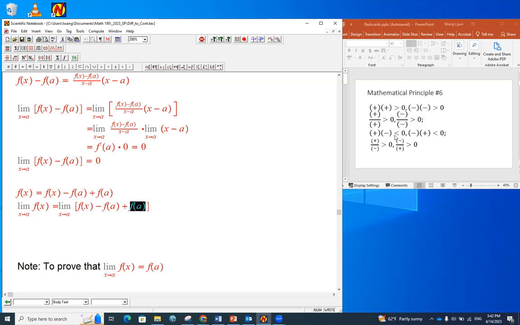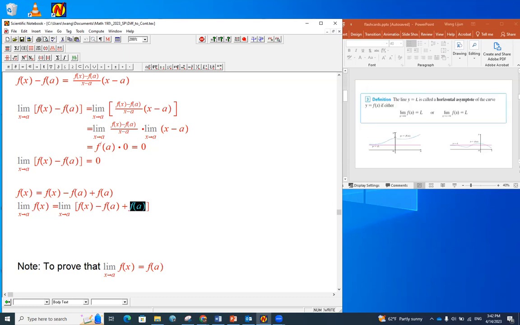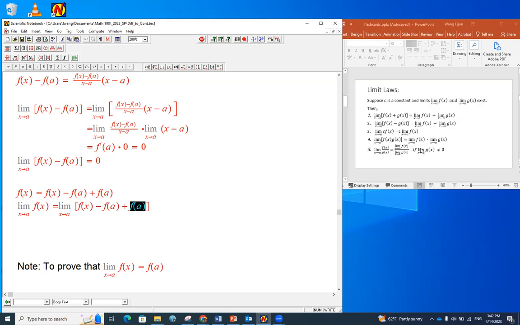So if we look at the limit law, this individual piece has a limit, and the other individual piece has a limit because it's treated as a constant. So now we can separate the limits. You see, we don't separate the limits without examining whether the individual limits exist or not. This is a typical example. So then we take the limit separately, like this.